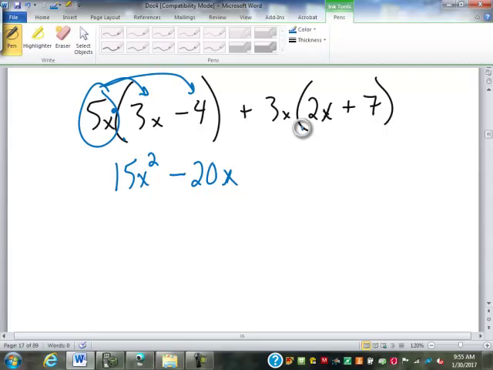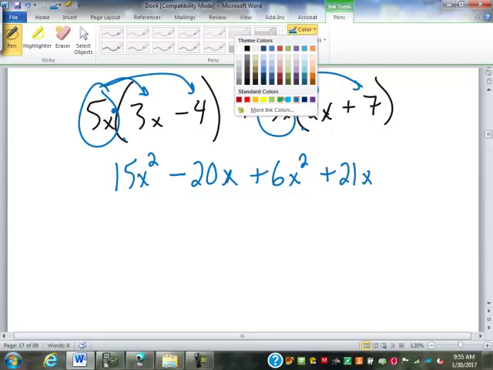Anything to do inside those? No. How about to those? Times the 3x, right? So 3x times 2x is 6x squared, positive, so I'm going to put plus in front of it. 3x times 7. Again, positive, so I'm going to put plus 21x.